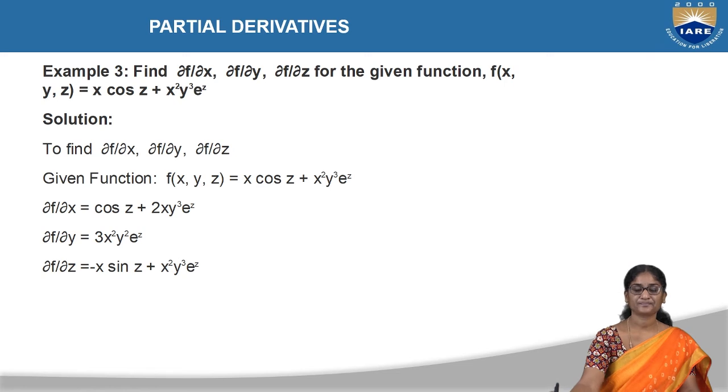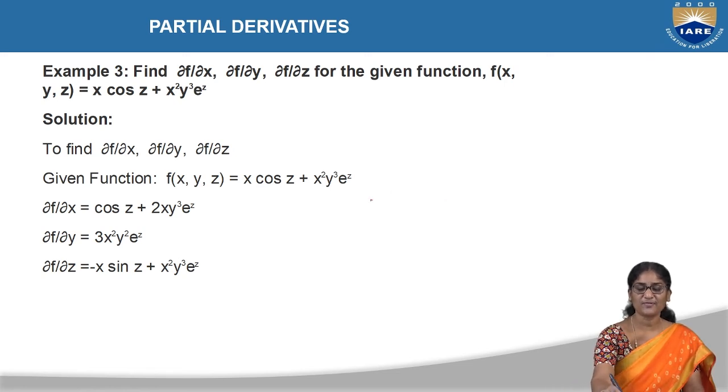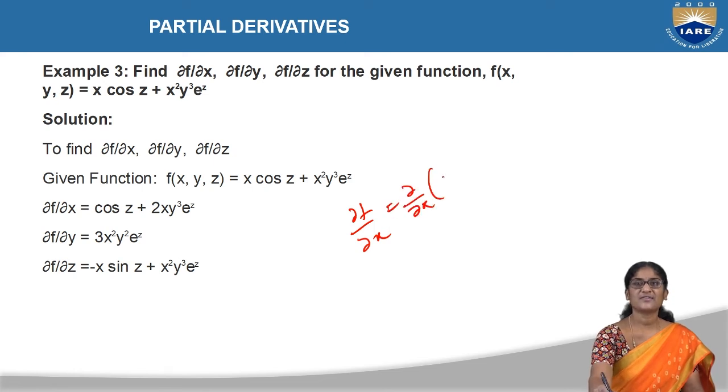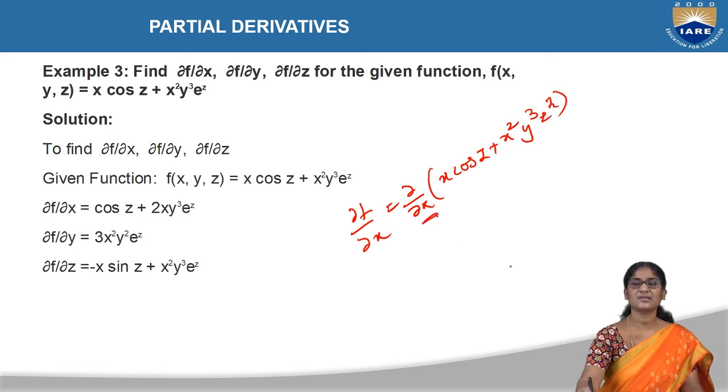Now, whenever you want to find dou f by dou x, that is nothing but dou by dou x of the function. What is the function here? x cos z plus x square y cube e power z. With what variable are we differentiating? That is x.